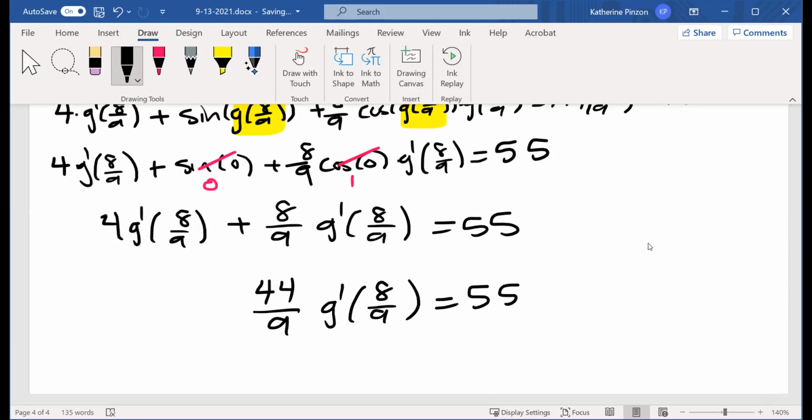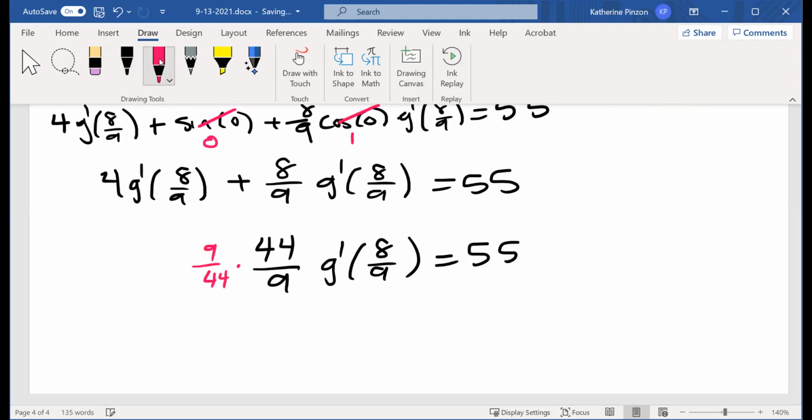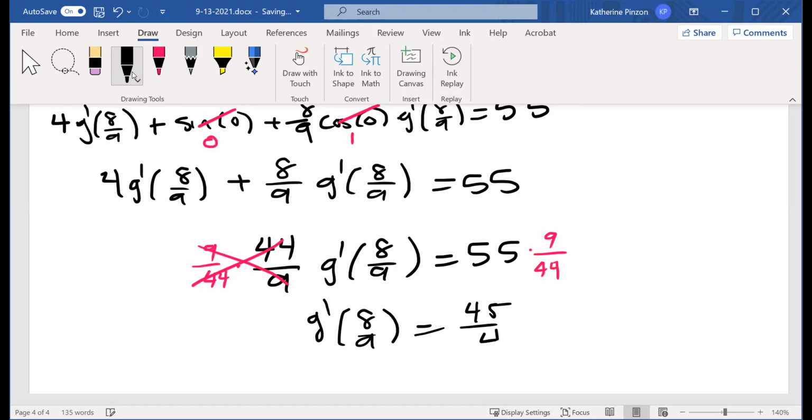I'm trying to get to g prime of 8/9. Multiply by 9/44? Sure. Or divide by 44/9, whichever you like better. g prime of 8/9 equals 45/4, let's say.